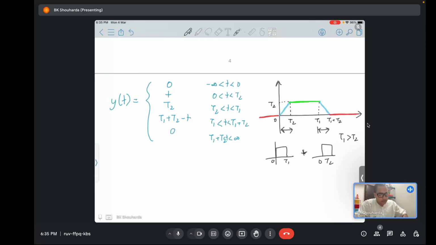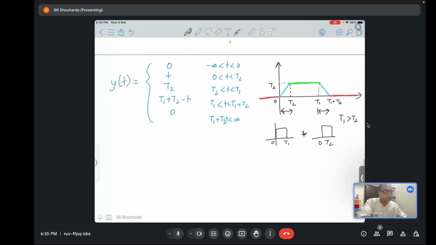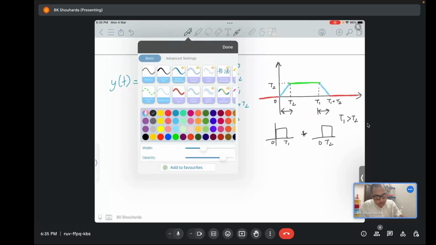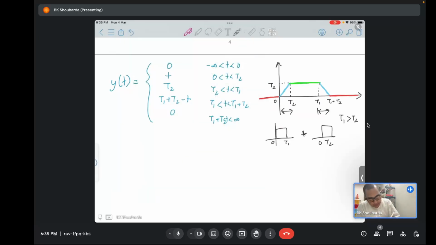Now let's look into a question that was provided to us in the assignments. It was given that x(t) is 2 for 0 to 2, otherwise it's 0, and h(t) is x of alpha t.